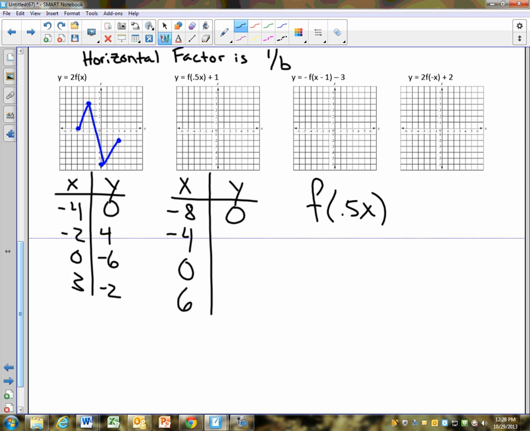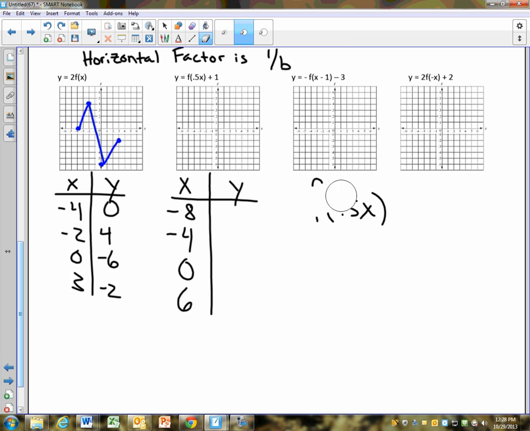If you took it by half and plugged in -2, then you would be evaluating f of -1. You don't even know what f of -1 is. But if we plug in -8, we get -4, and we know what f of -4 is. It is 0. So instead of reducing the size of the x, you have to increase it. Whereas if you had a 2, you would have to decrease it. It's opposite of what you think. If it's less than 1, it's a stretch. Yes. 1 over b, opposite of what we think.